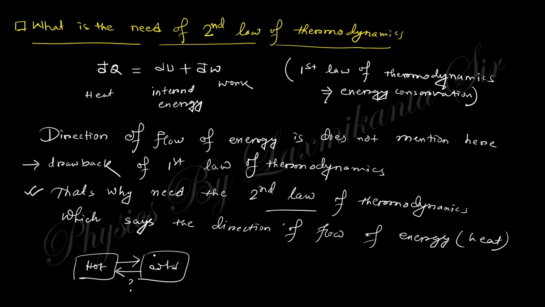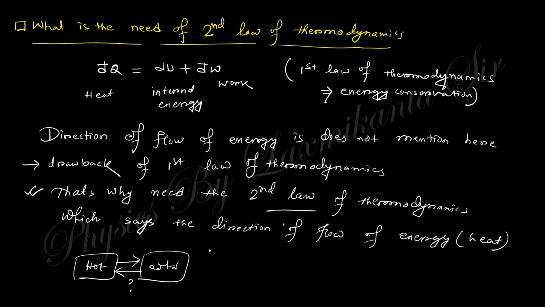So energy conservation is valid for the first law of thermodynamics, but in which direction the heat or energy flows is not mentioned clearly in the first law. That's why we need the second law of thermodynamics, where the direction of flow of heat or energy is discussed. Clear?